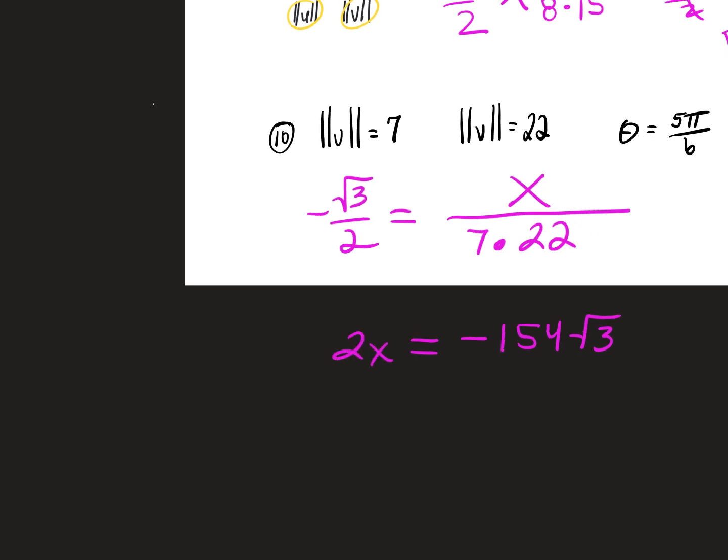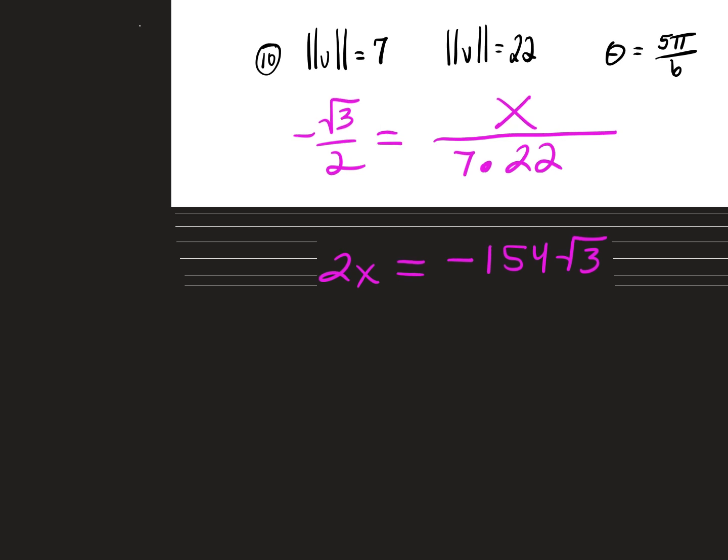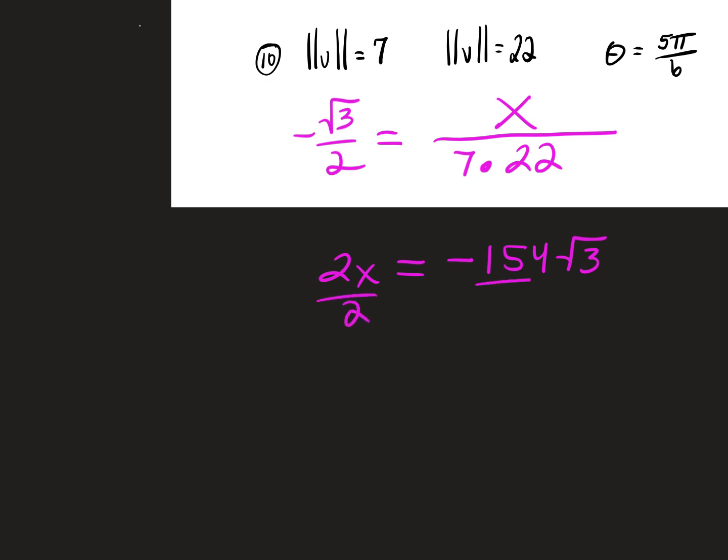How do you get the exact value here? We did this with right triangles, 30, 60, 90s, and 45, 45, 90s, which are all based upon the unit circle. Divide both sides by 2. What am I actually dividing by 2? The square root of 3 or the 154? So the 154. Divide that by 2, and I get negative 77 square root of 3.